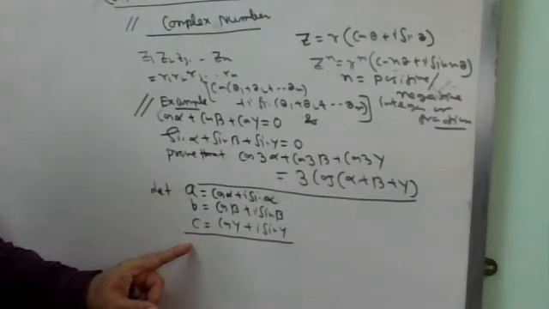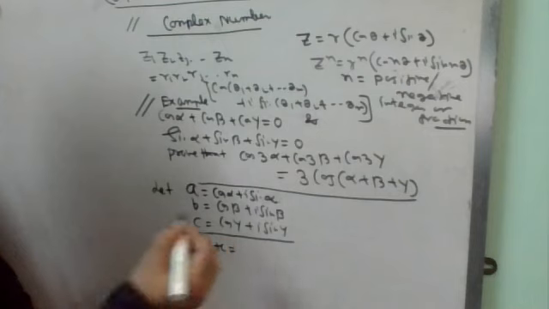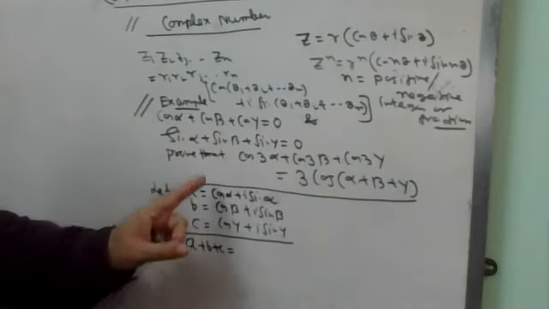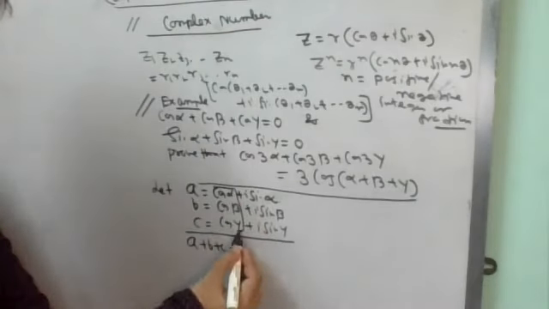Now if I add them, you will get A plus B plus C, and in complex number addition you are already taught that all real parts will be added.